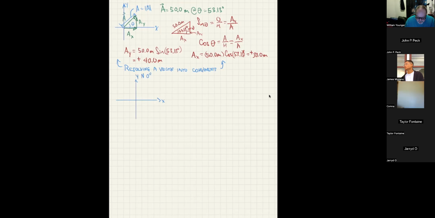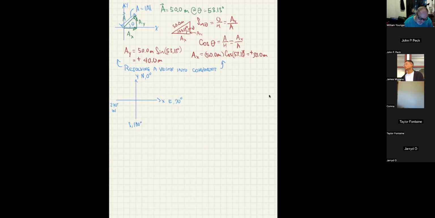And then this, of course, is east, which is a compass heading of 90 degrees. And this is a compass heading of 180 degrees, which is south. And this is 270 degrees, which is west.